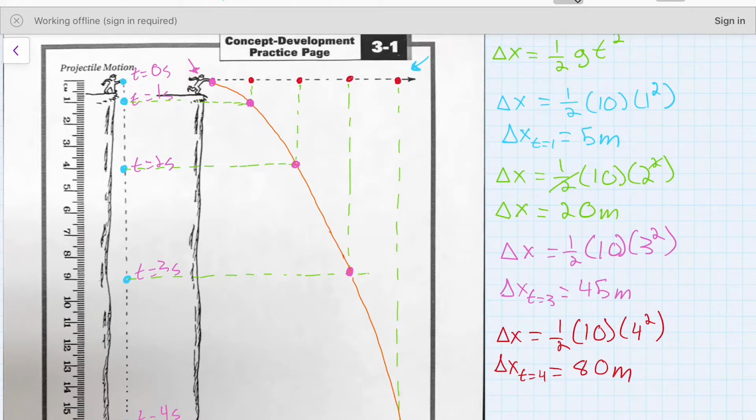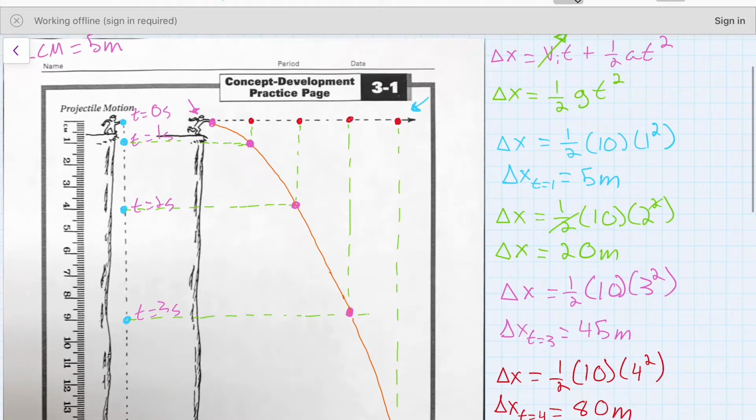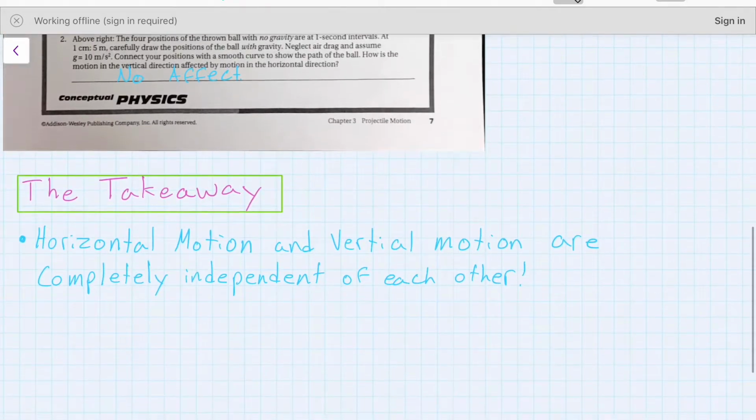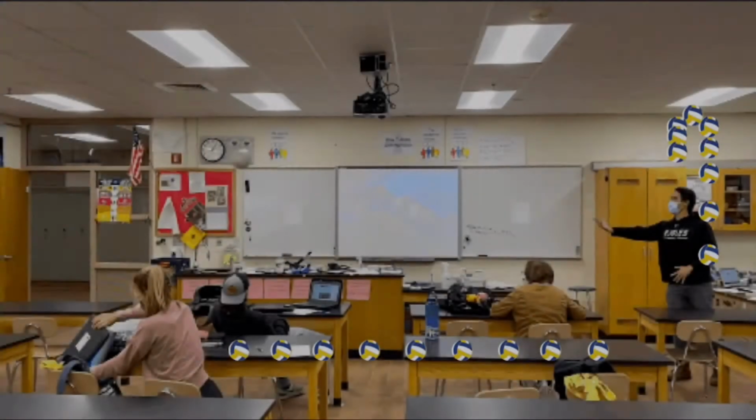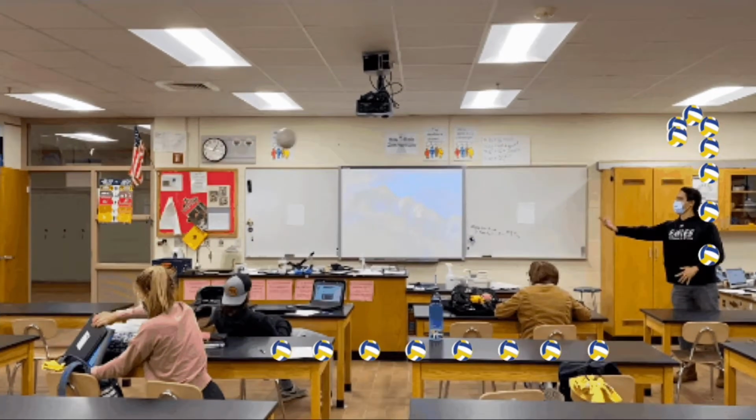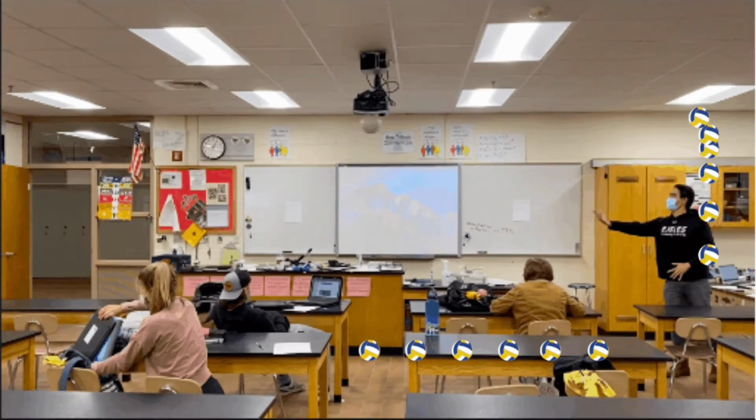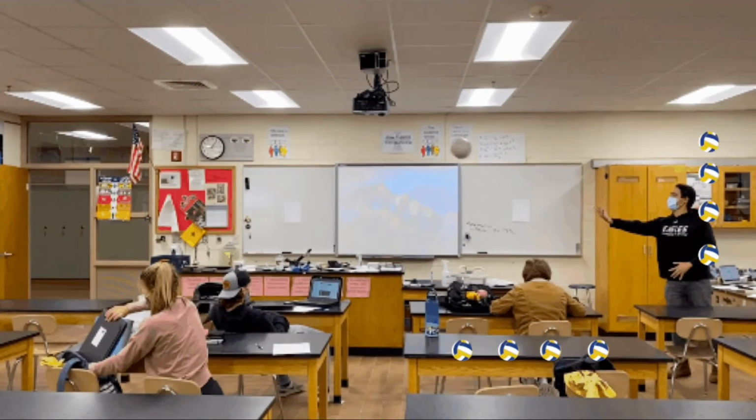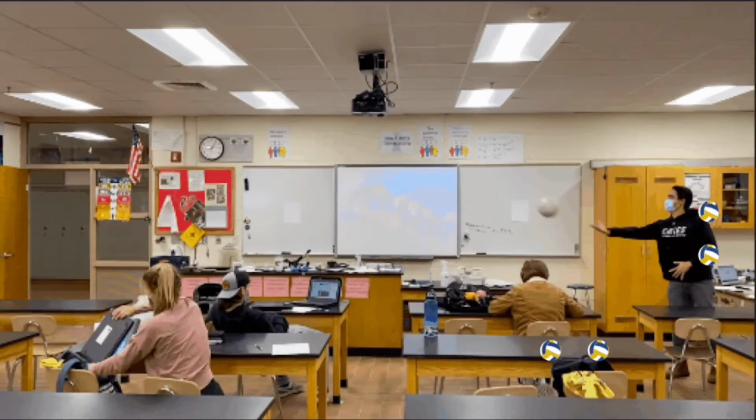So to back that up a little bit, what I've done is I've created a GIF from a video that I made in class, just to show you what the vertical motion and the horizontal motion look like for a volleyball going through the air. It took a lot of work, but I've overlaid these volleyballs at about every 6 frames.